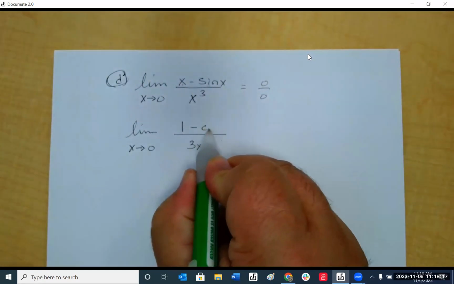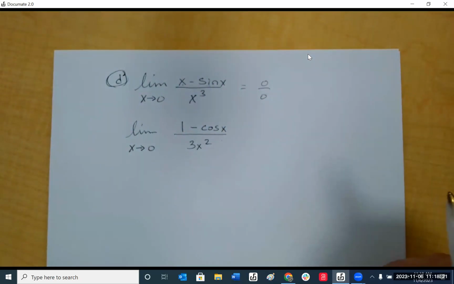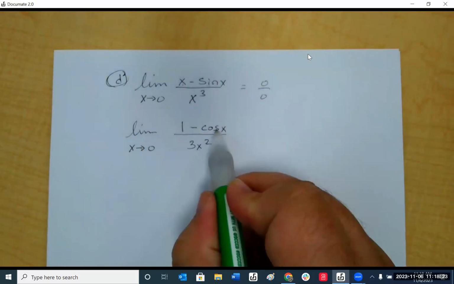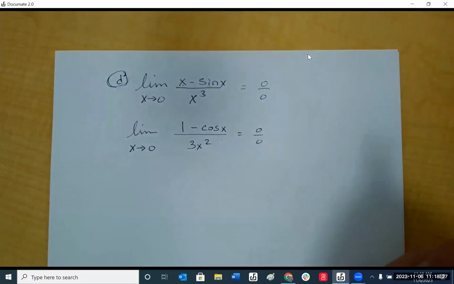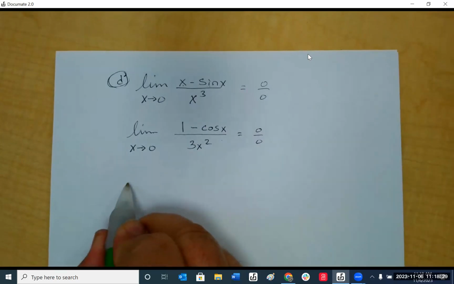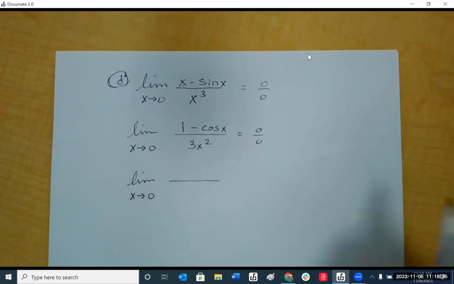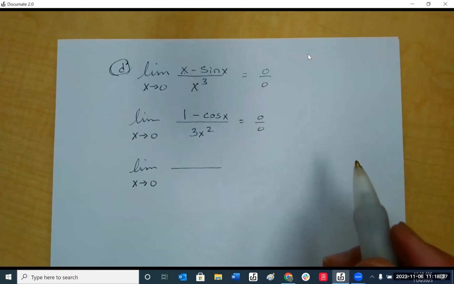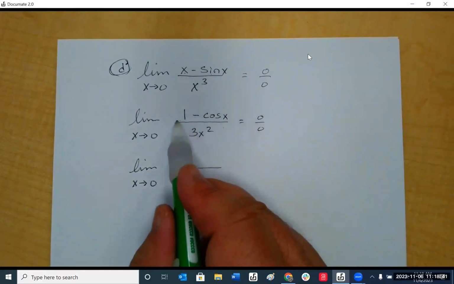Derivative of sine is cosine. It's still 0 over 0. The 1 disappears.